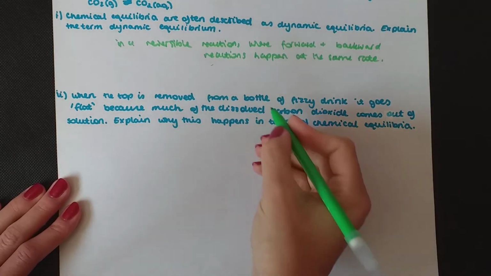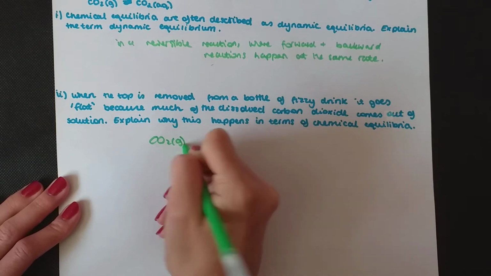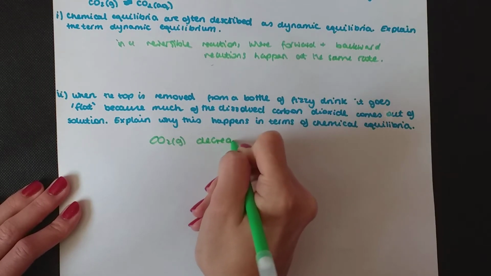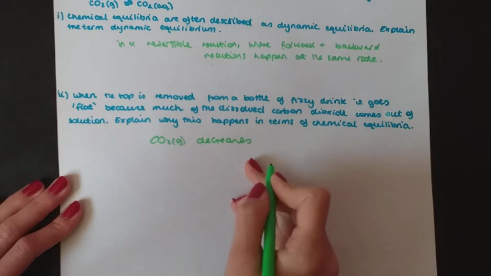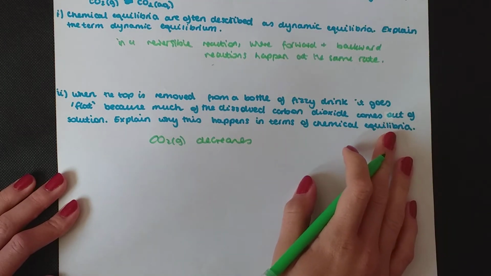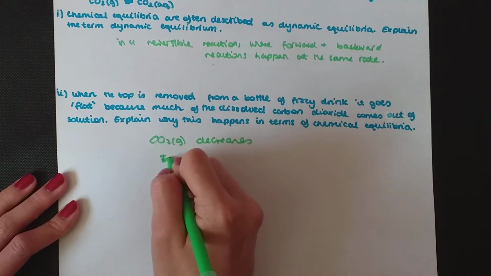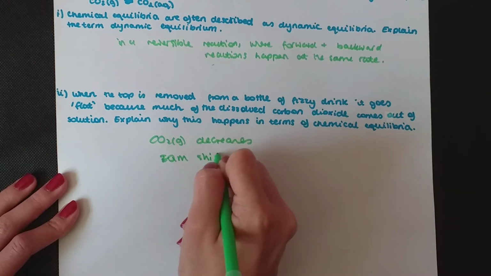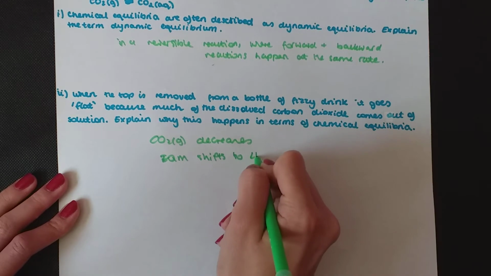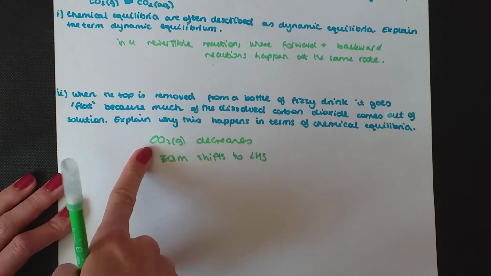So whenever we open a bottle of fizzy drink, the concentration of gaseous CO2 decreases. That means that due to our chemical equilibrium and Le Chatelier's principle, the equilibrium will shift so that this change is minimized. So it will shift to the left hand side to restore the gaseous CO2.